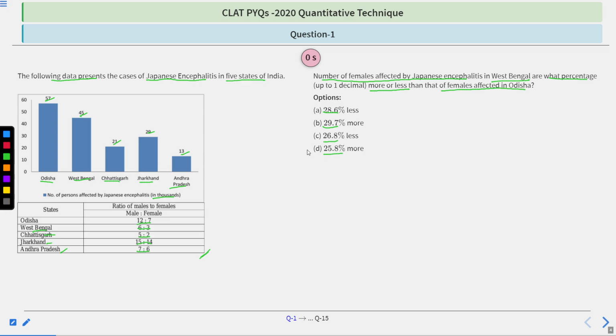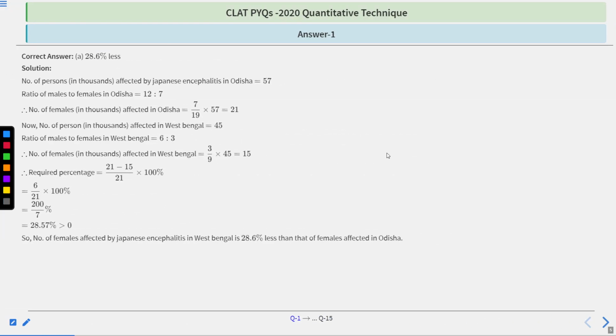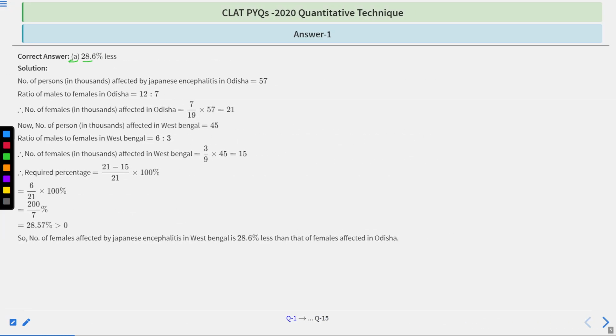Now let's see its correct solution. The correct option is A, which is 28.6% less. How? Number of persons affected by Japanese encephalitis in Odisha, 57,000. Ratio of male to female in Odisha, 12:7. Number of females affected in Odisha, 7 by 19 times 57, which means 21. We are always taking the number of persons in 1000. Affected in West Bengal, 45.